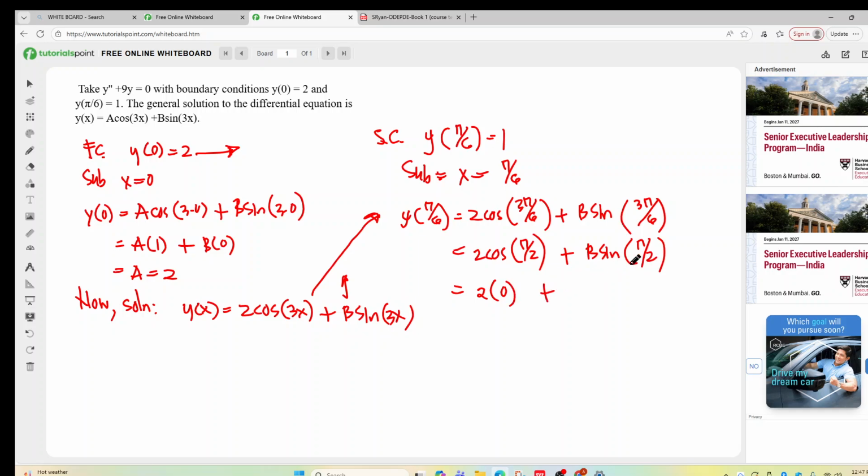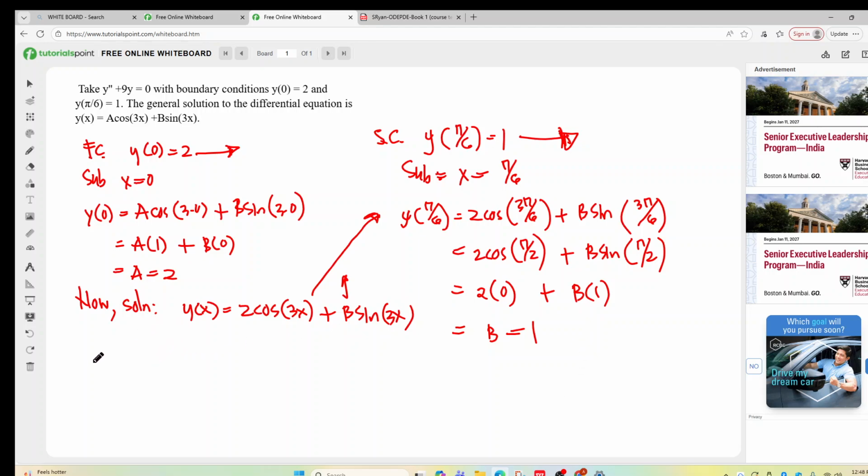And then we have sine pi over 2, which must be equal to 1, so that we have b times 1 here. Since the first term is 0, then b is equal to y of pi over 6. But since we know that these boundary conditions will be satisfied provided that y of pi over 6 is equal to 1, our b is equal to 1.